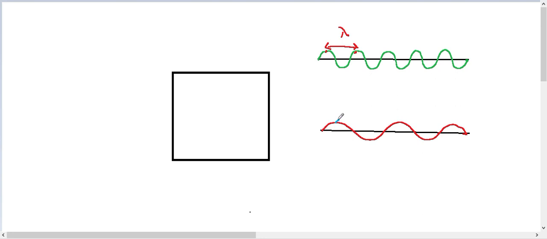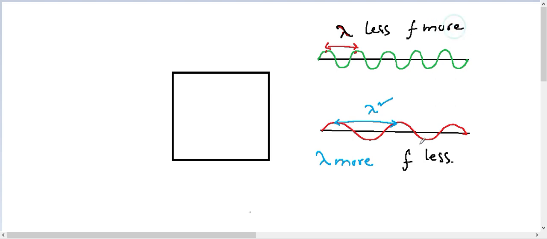Obviously it is visible that if you start from here and go up till here, this distance is more as compared to this. It has more wavelength. So if the wavelength is more, you can also consider that the frequency is less. And if the wavelength is less, the frequency is more, obviously. Keep this fact in your mind.